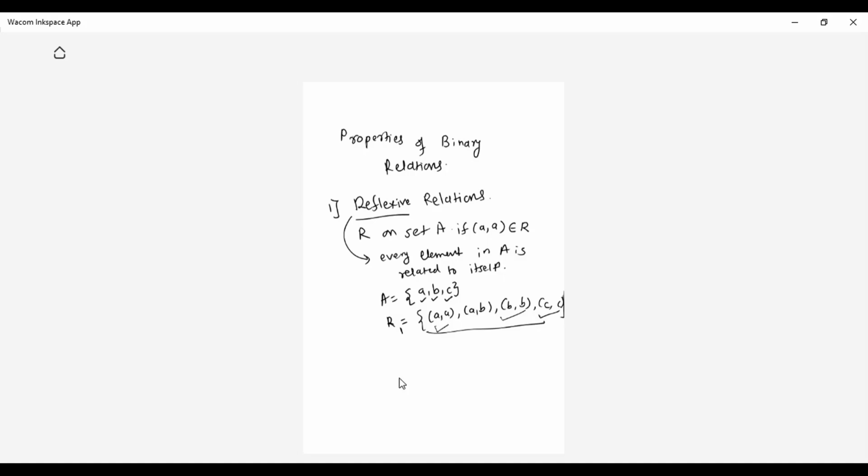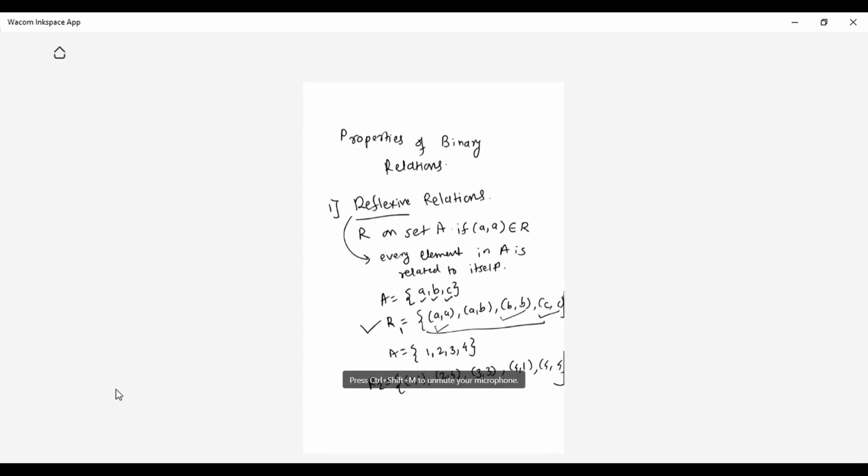Let us take another example. Suppose I have set A = {1, 2, 3, 4}, and relation R2 = {(1,1), (2,4), (3,3), (4,1), (4,4)}.